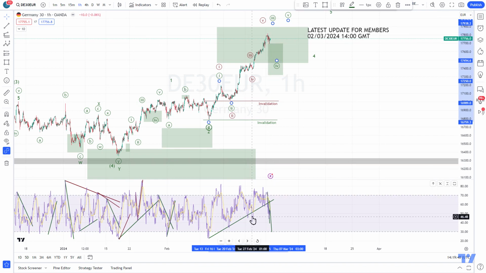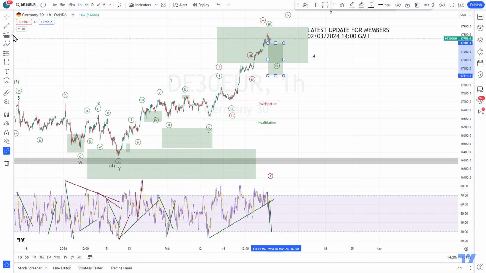We have our divergence, we have our break of the RSI trend line, and so here let's assume that the wave 3 high was in right here. We will have a closer look at this in the 15-minute. If this was our wave 3 high right here, then we know that we are now looking at this wave 4 area.